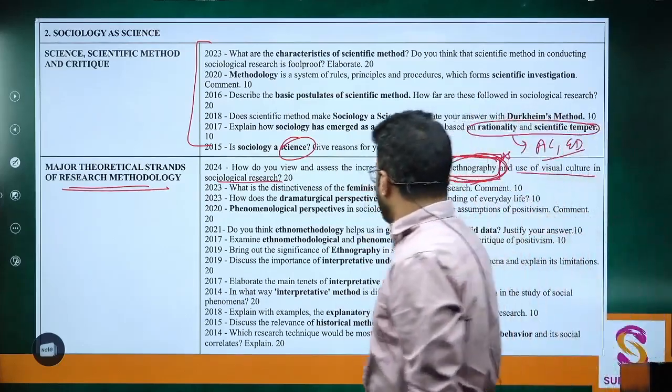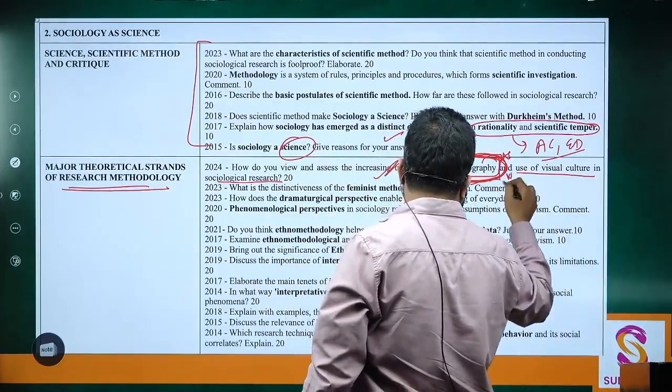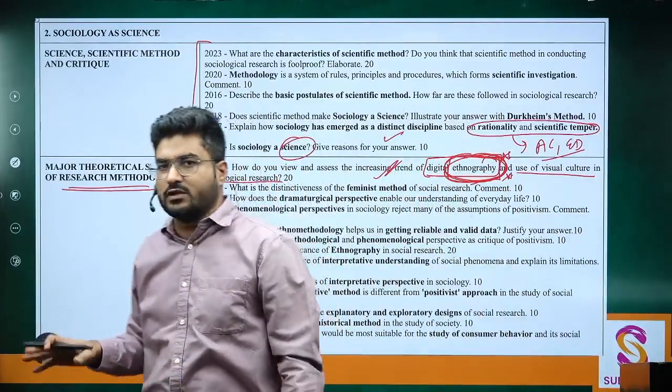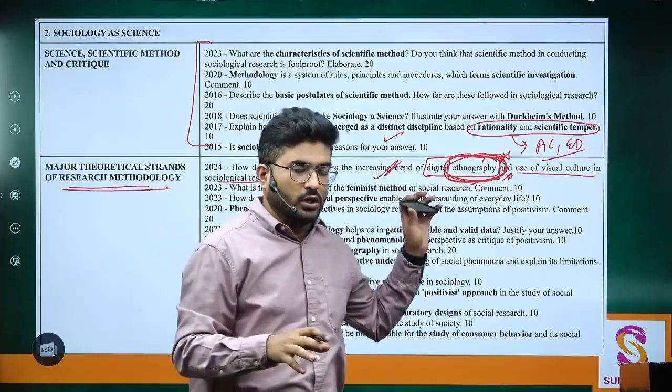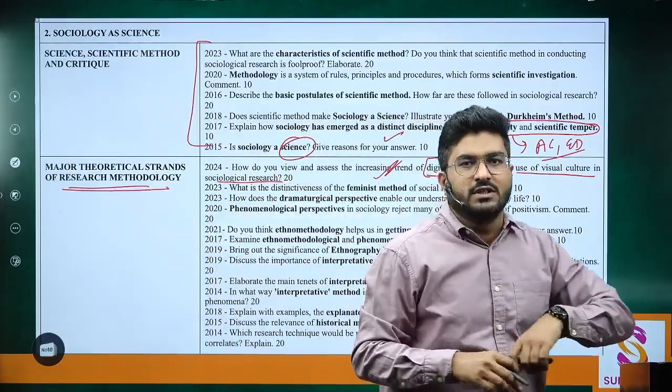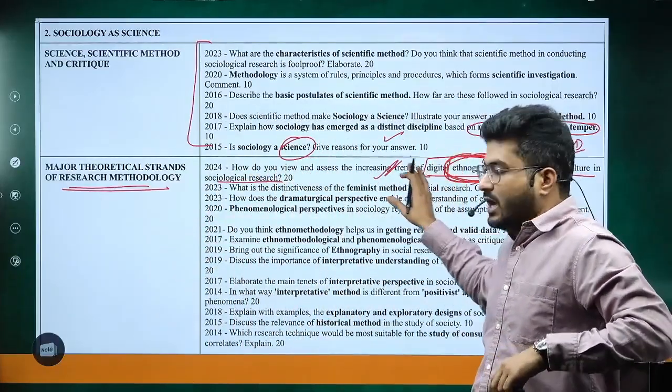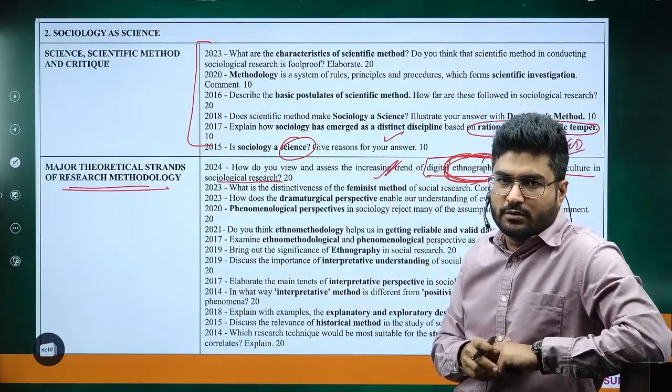It is not a new question. The ethnography concept is old. It is an equally important part of our sociology paper 1 chapter 2 syllabus, but we have not given ample importance to this particular concept.